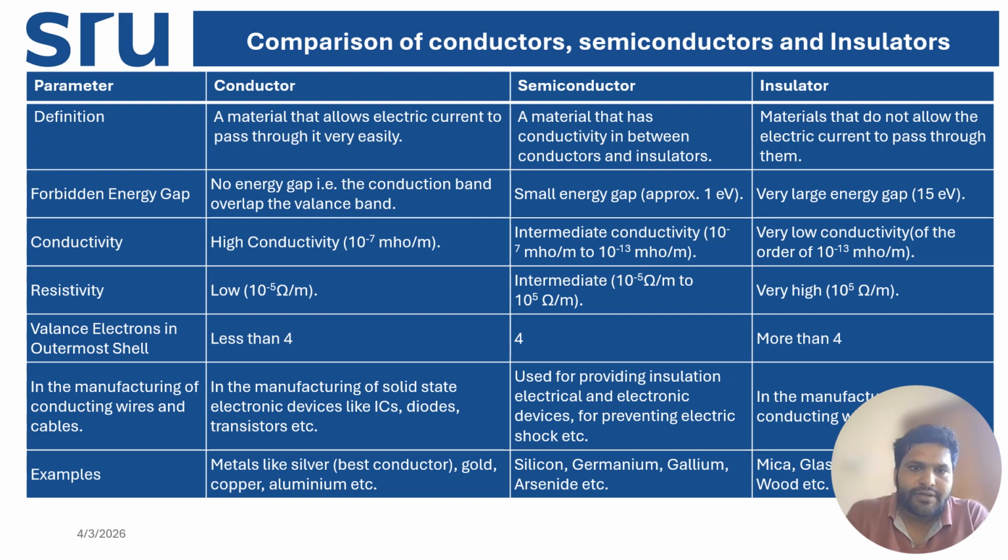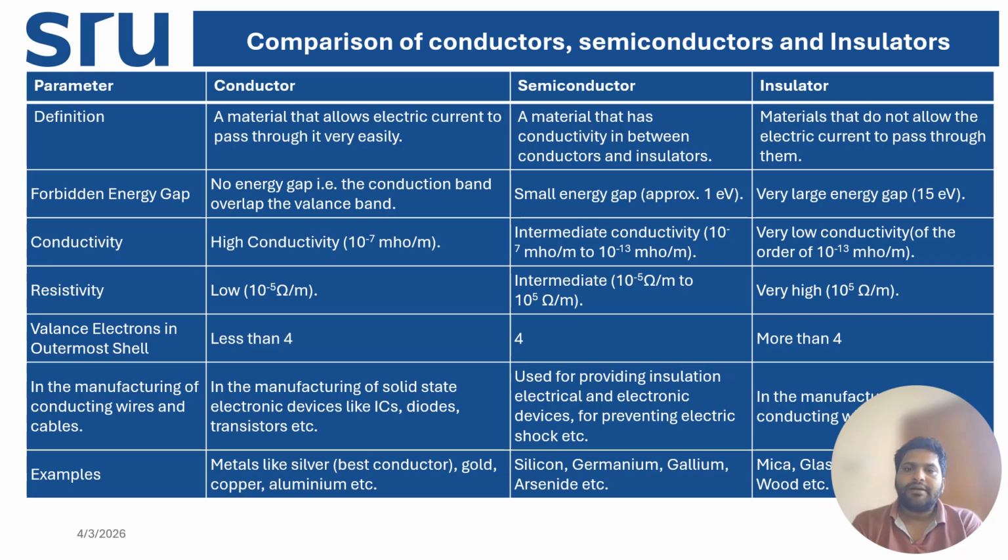According to the energy band gap, for a conductor there is no energy band gap between the conduction band and valence band, so the conduction band and valence band overlap.